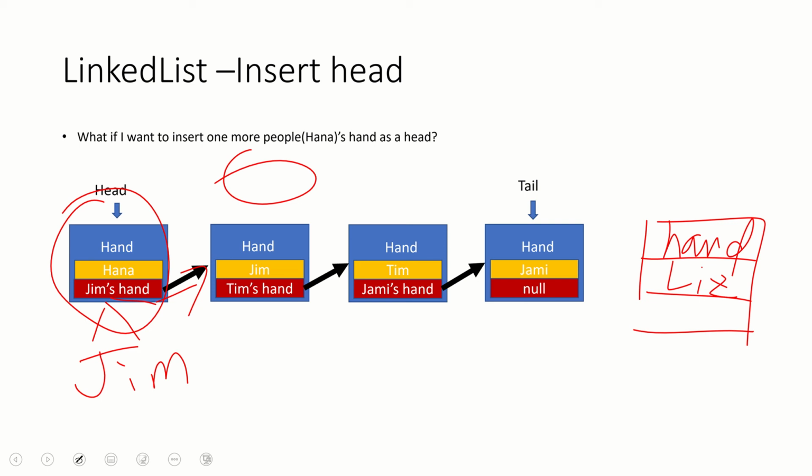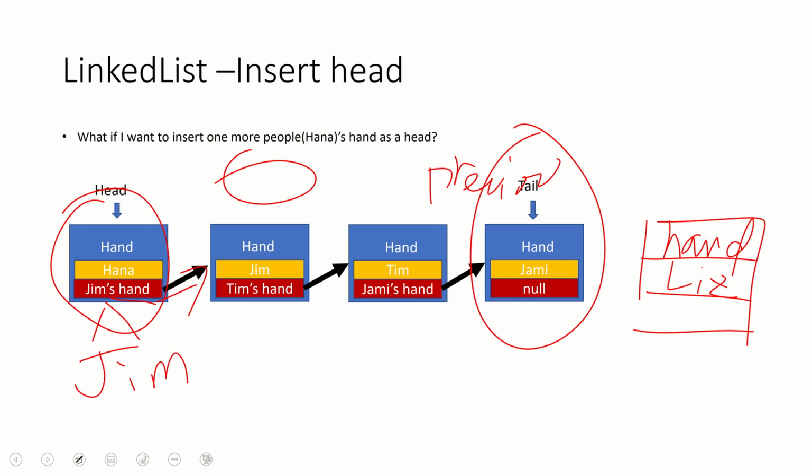So how do we do it? The previous tail is no longer the tail, which means the previous tail needs to know which hand can hold him, which is Jamie.